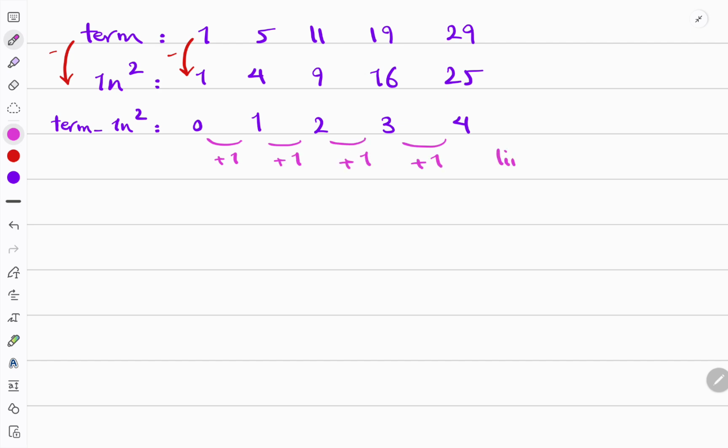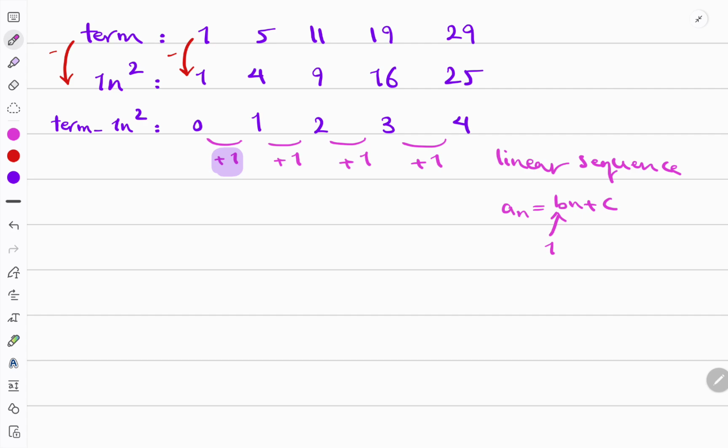So we have a linear sequence for differences, and the general form of that is bn plus c, and you can see that we have this constant number, which is the value of b. So we have 1n.